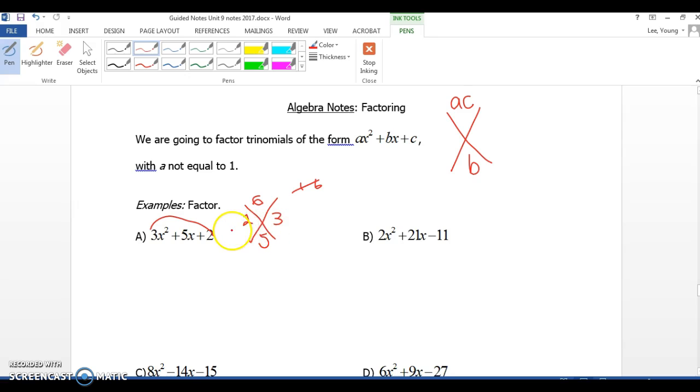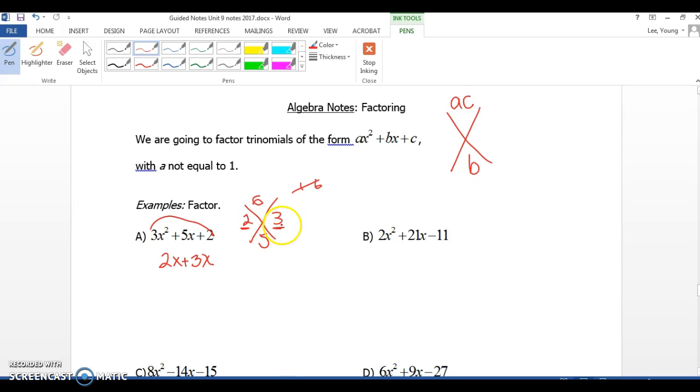Okay, once I do that, I use these 2 numbers, 2 and 3. I'm going to go back right here. As you guys know, 5x is made up of 2x plus 3x. Is that right? So instead of writing 5x, can I just write 2x and then positive 3x, because they're both positive?